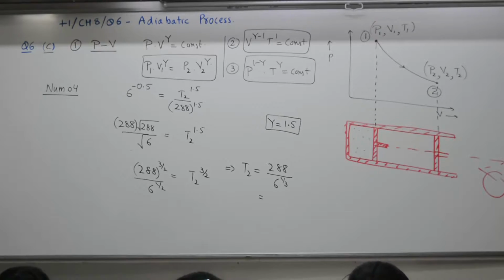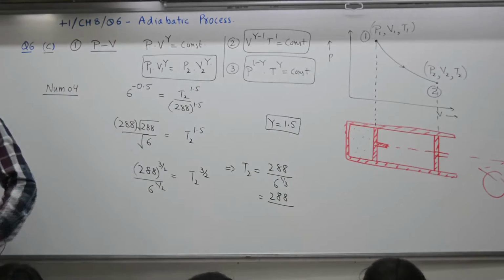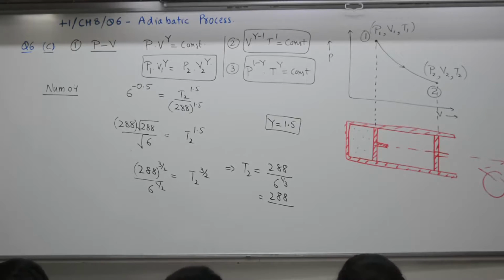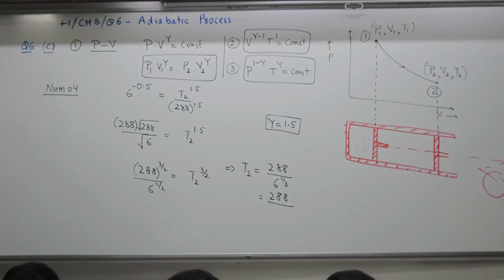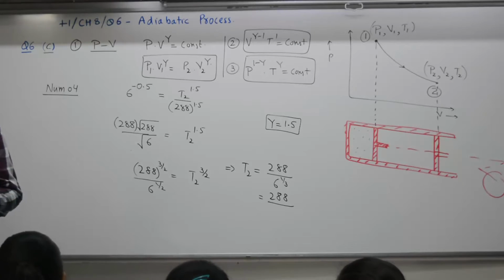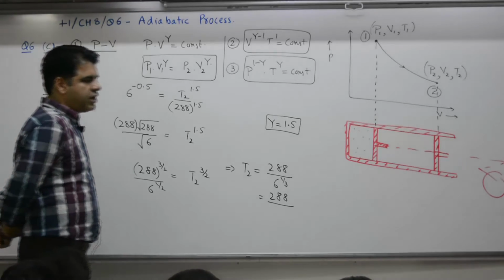So 1.5 power 3, just check how much it is. 1.5's power 3 is how much? 1.6 power 3, 1.7 power 3, just try. 1.6 power 3 is how much? 5, 5 point something. Try 1.7 power 3 and 1.8 power 3.